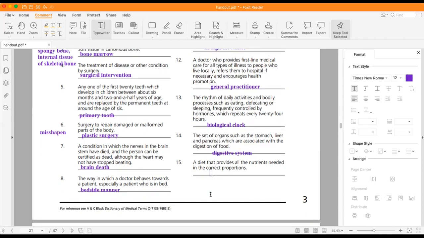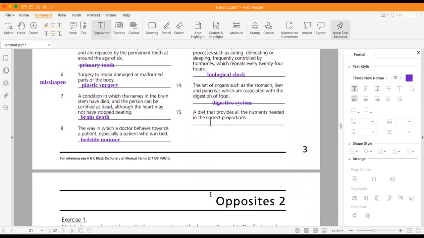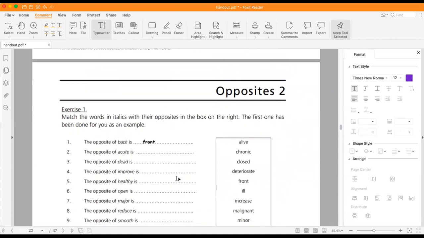Number 15, a diet that provides all the nutrients needed in the correct proportions. This is the balanced diet, right?